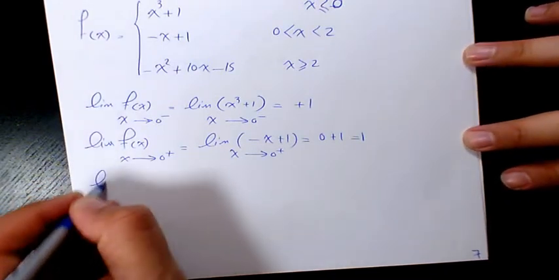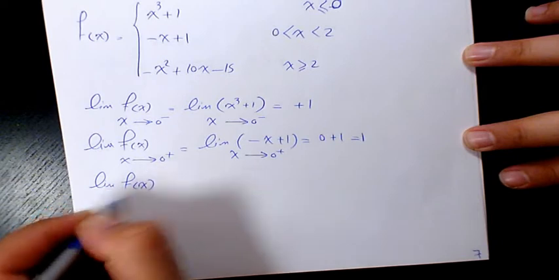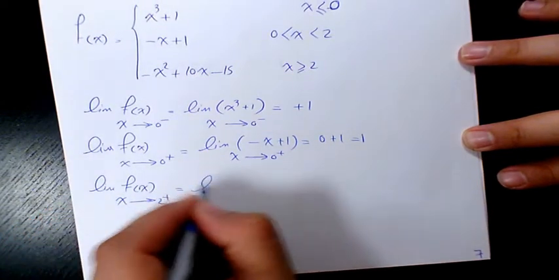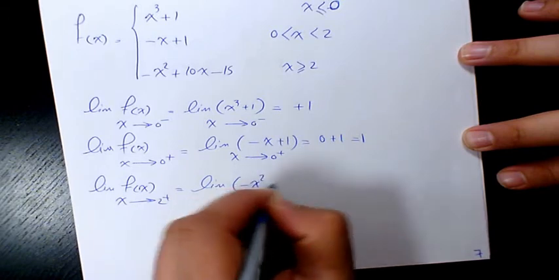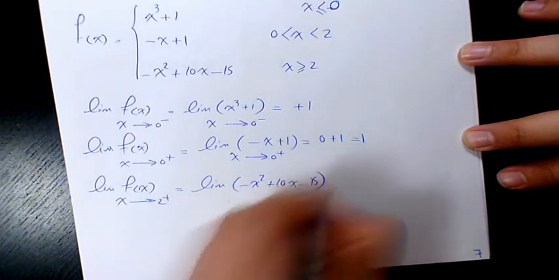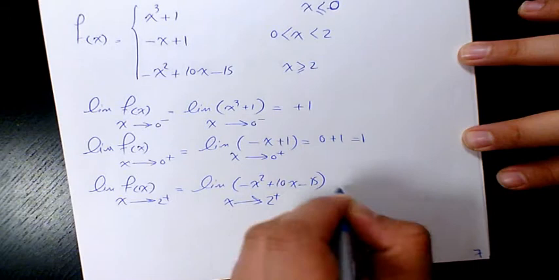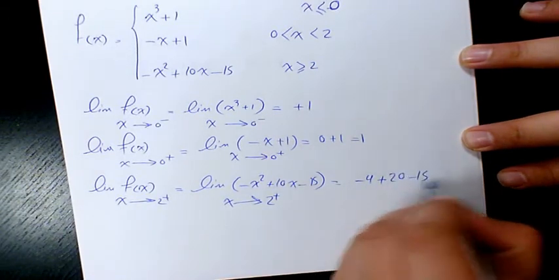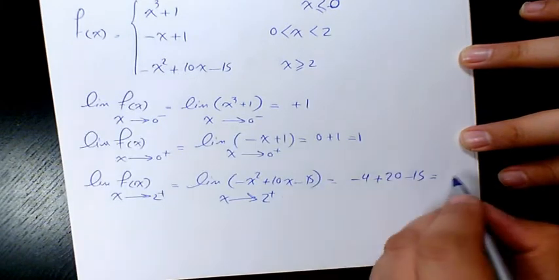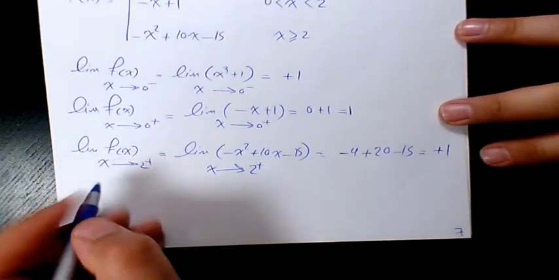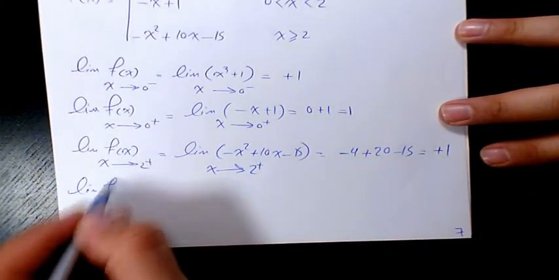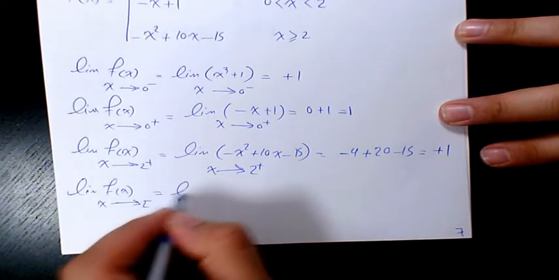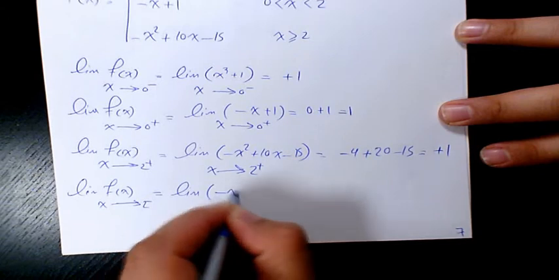The other one is the limit of f of x when x is approaching 2 from the right, which is the limit of negative x squared plus 10x minus 15 as x approaches 2. That is negative 4 plus 20 minus 15, which is positive 1. And the limit of f of x when x is approaching 2 from the left-hand side is the limit of negative x plus 1.